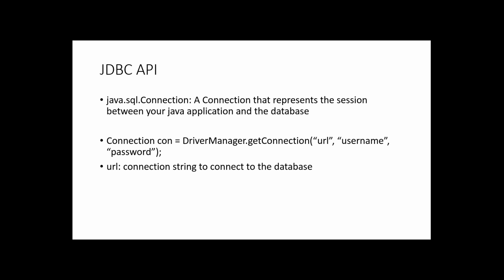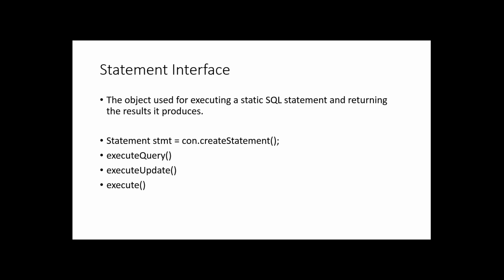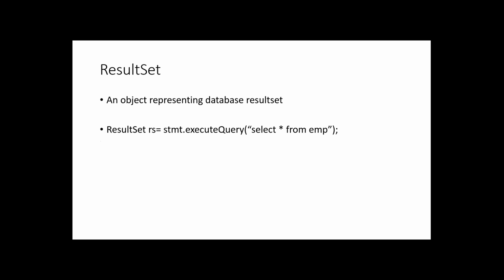In the second step, you require the helper Statement interface to build and execute your SQL statements. Statement equals con.createStatement will create a statement object. Then you can use any of the methods, that is executeQuery, executeUpdate, or execute, based on the requirement, to process your SQL statements.